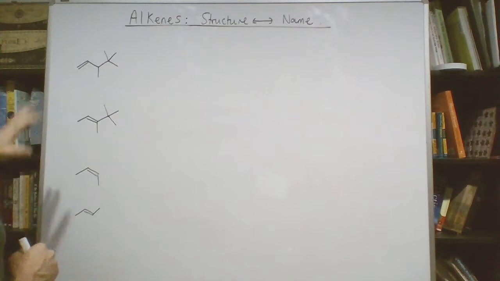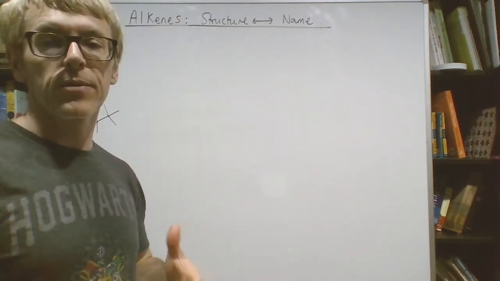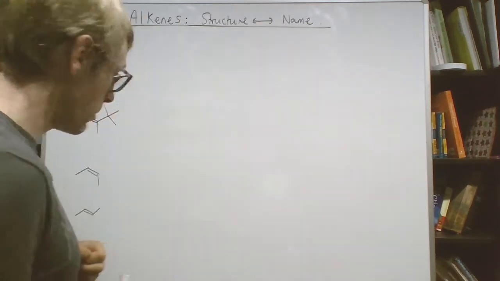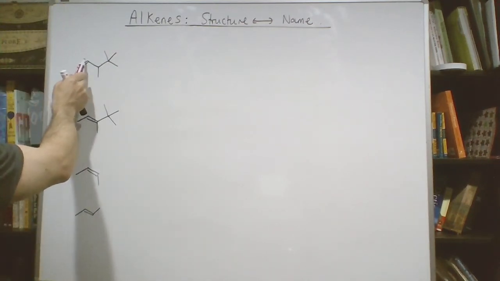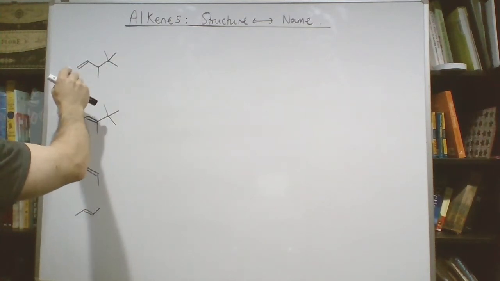Okay, so the name of the game here is to identify the longest continuous carbon chain, but now it must contain the double bond, both carbons of the double bond. Okay, so it looks like I have 1, 2, 3, 4, and then any one of these could be the fifth one.